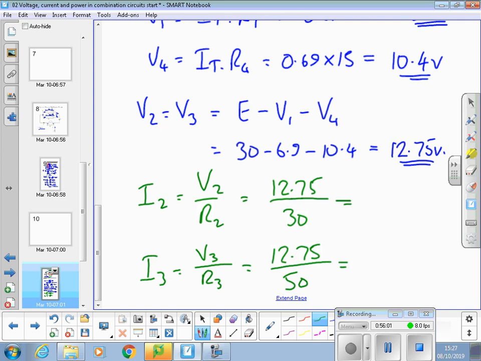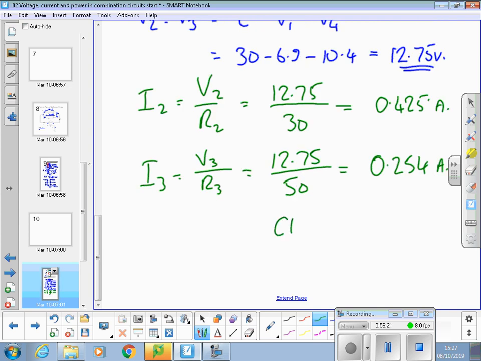What are those two currents coming to? 0.425 amps, 0.254 amps. Check. Add them up.